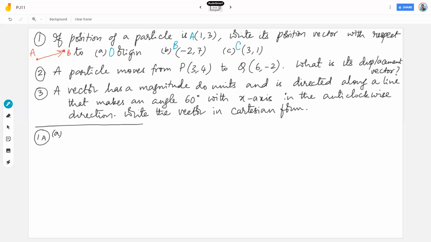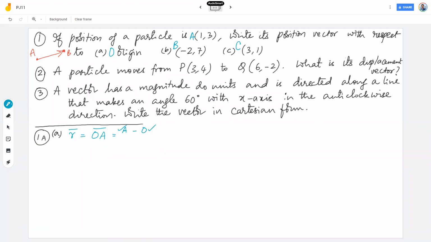First question: if the position of a particle A is (1, 3), write its position vector with respect to the origin. With respect to the origin, position vector means r bar is equal to O A bar. You write it as O A bar, which is A minus O. You have the point A, you have the point O, subtract O from A, and then assign i cap, j cap.